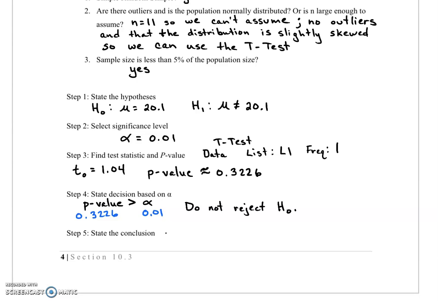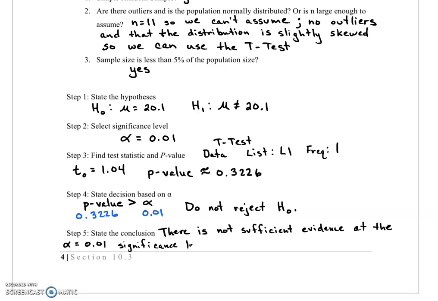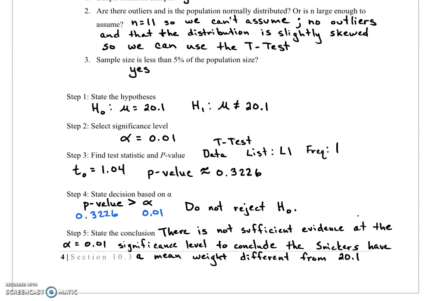Our conclusion is there is not sufficient evidence at the alpha equals 0.01 significance level to conclude the Snickers bars have a mean weight different from 20.1 grams.